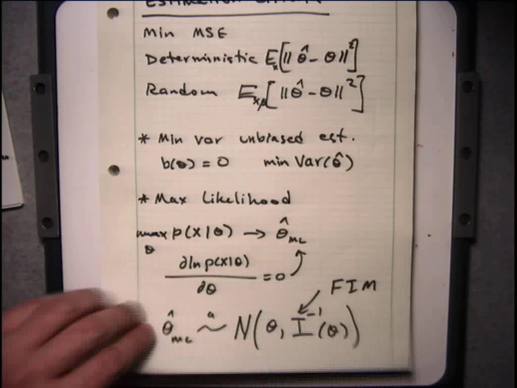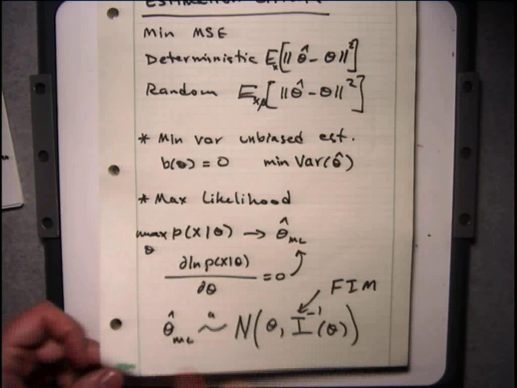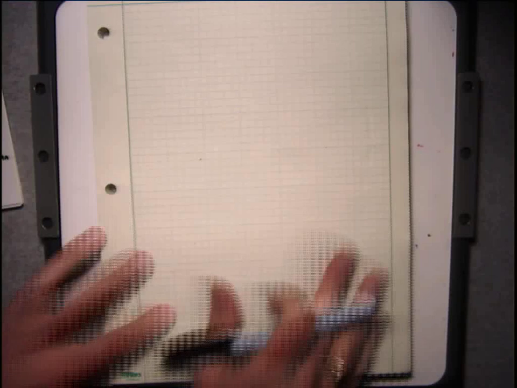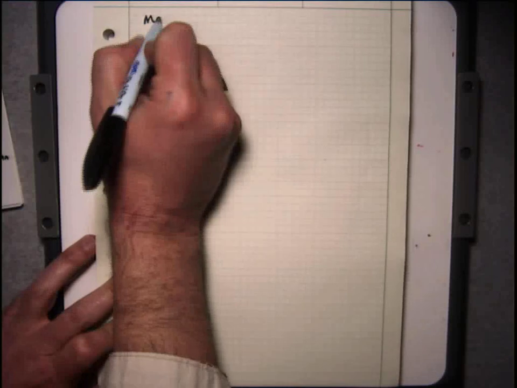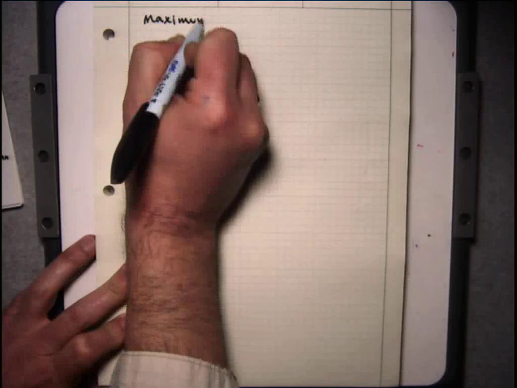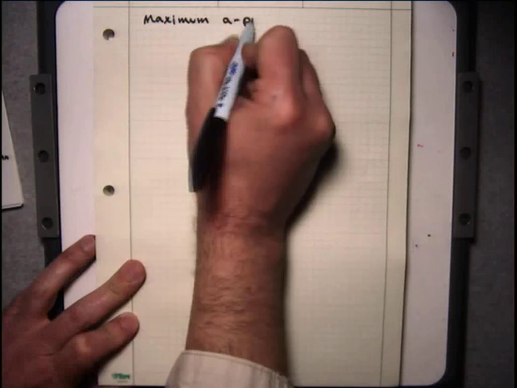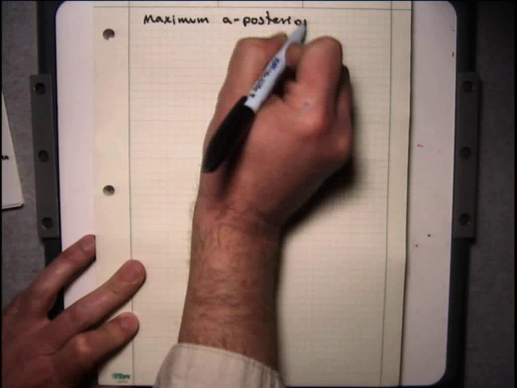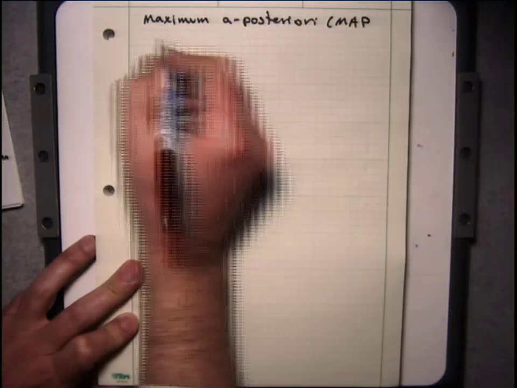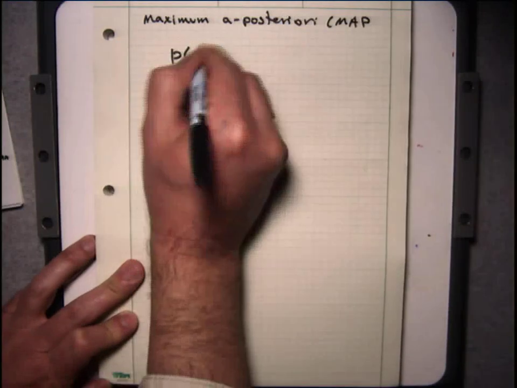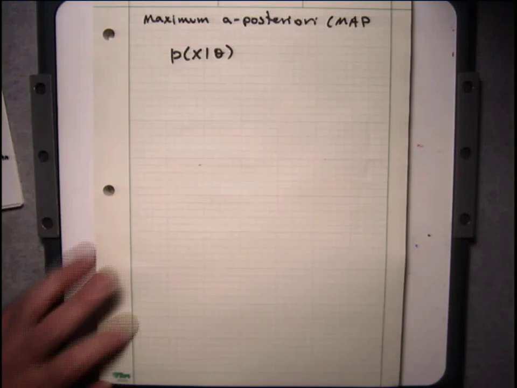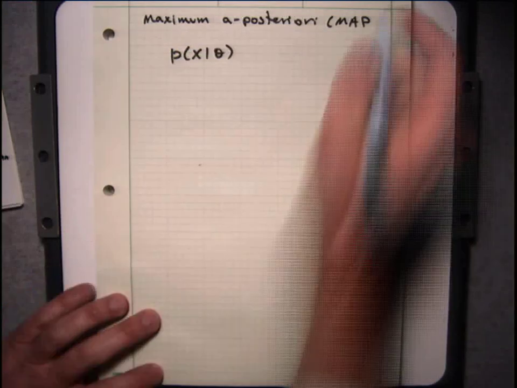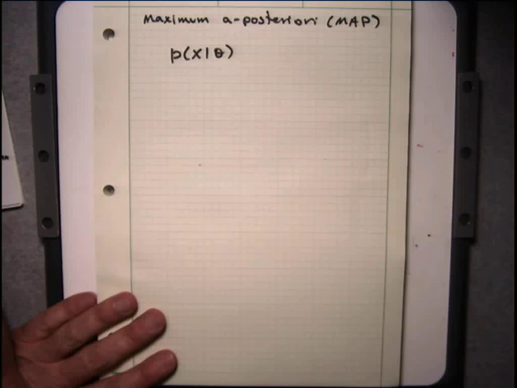Okay, so an extension of this was the idea of maximum a posteriori estimation, or MAP. Now in this case, you had not only the conditional density of the data given the unknown parameter, you also knew something about the parameter, namely its probability density function.